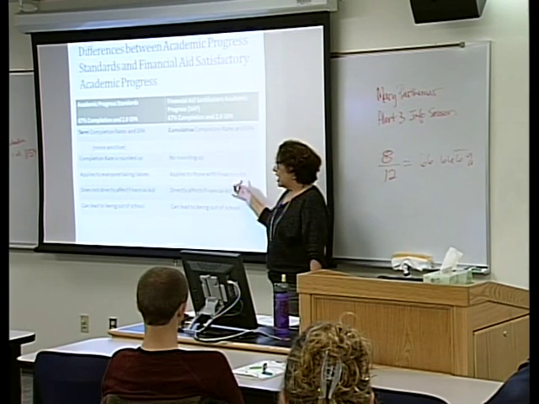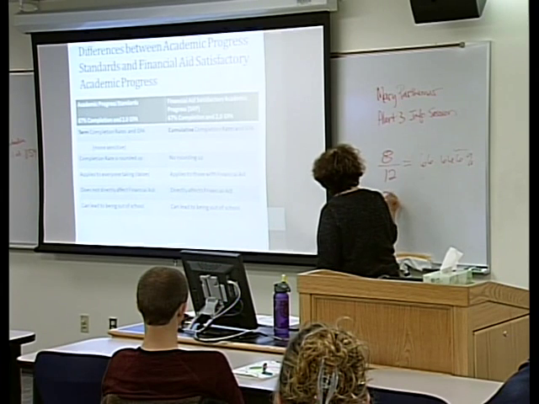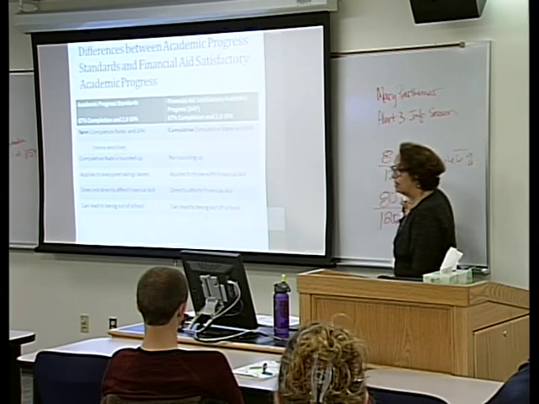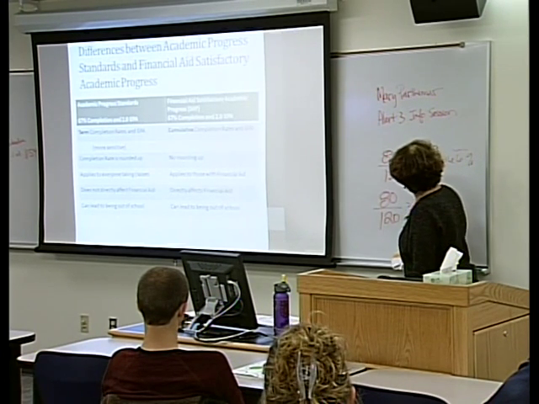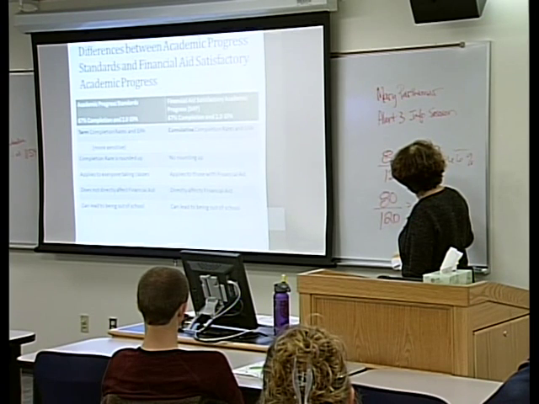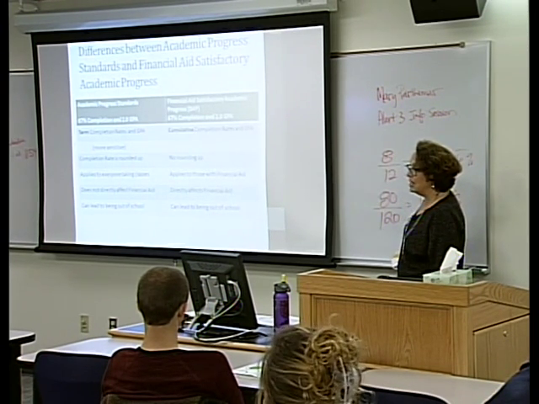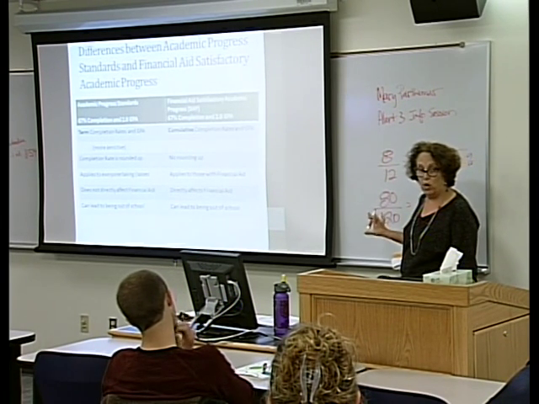In the financial aid SAP standards, they do not round up. So if you had completed cumulatively 80 out of 120, which is the same percentage, they don't round up, so you wouldn't meet the SAP standards for that term, and you'd be at warning.